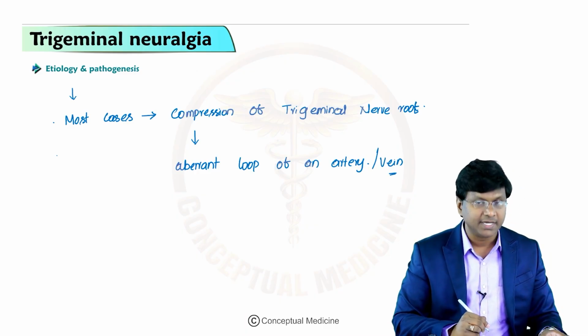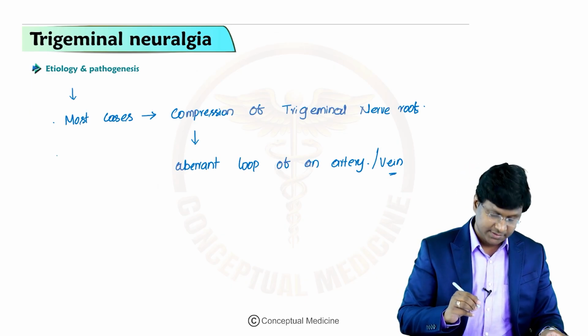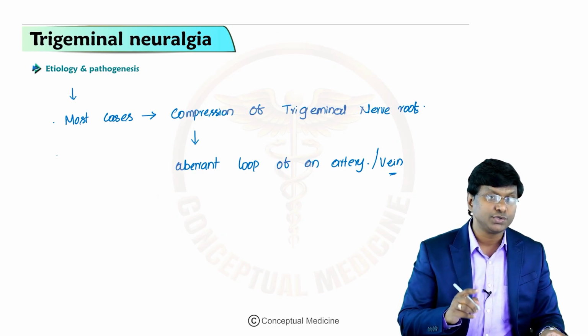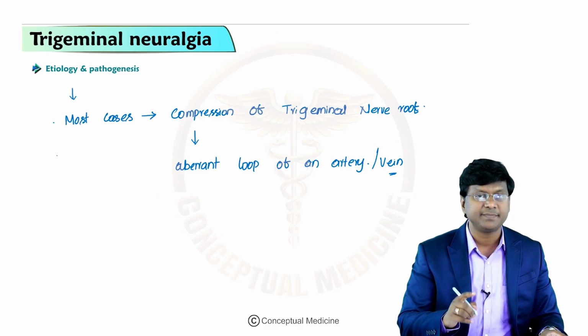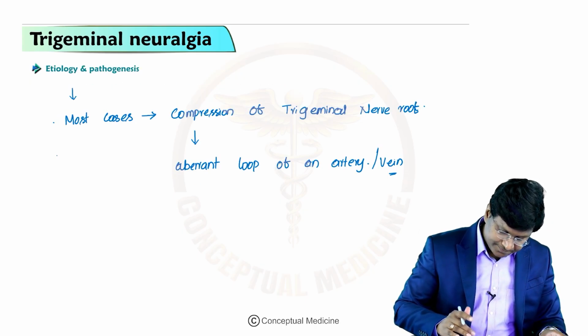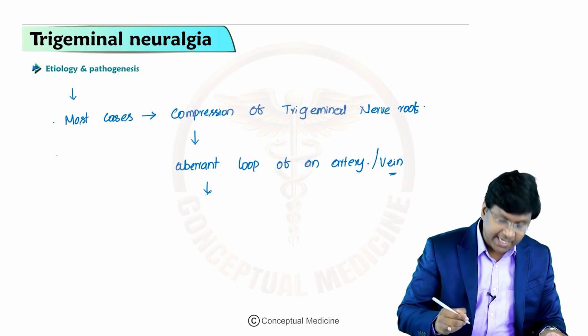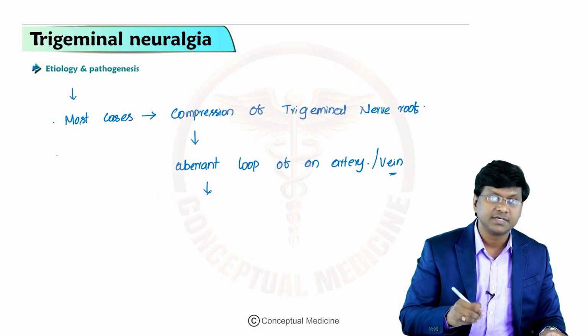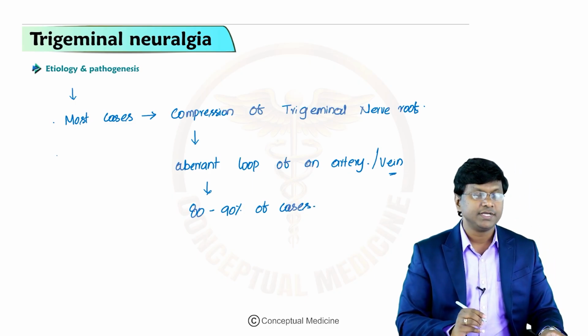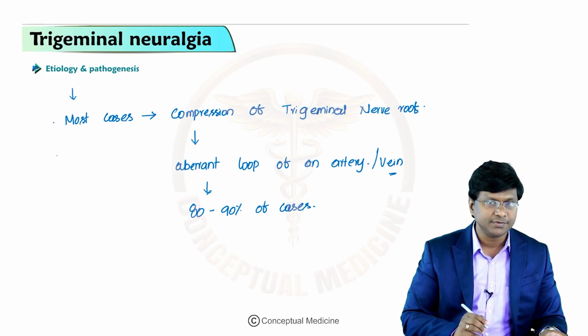This compression by an aberrant loop of an artery or vein is thought to account for 80 to 90% of cases. So that is about the etiology of trigeminal neuralgia.